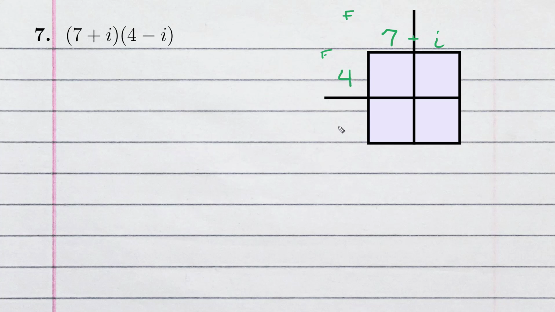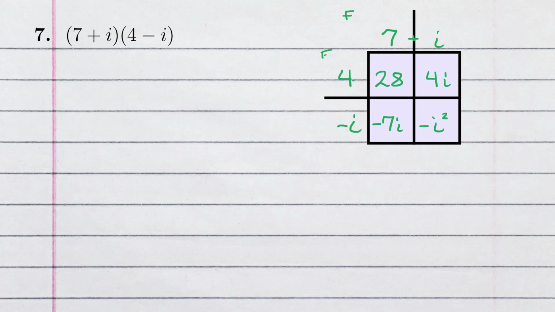And so 4 minus i. 7 times 4 is 28. 4 times a positive i is 4i. 7 times a negative i is -7i. And then we have our -i times positive i, which gives us -i squared.